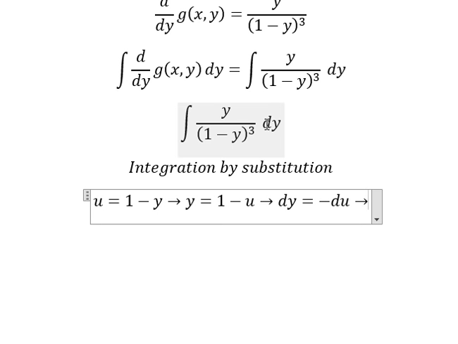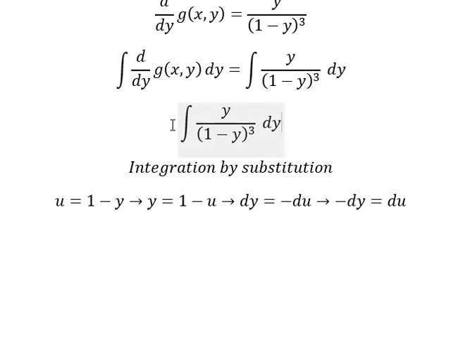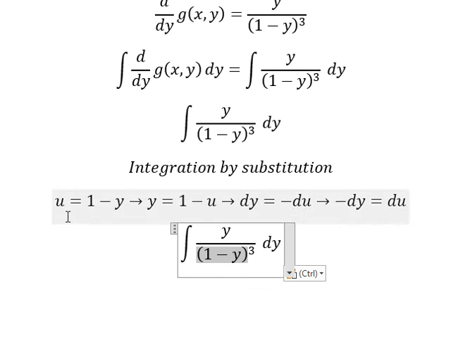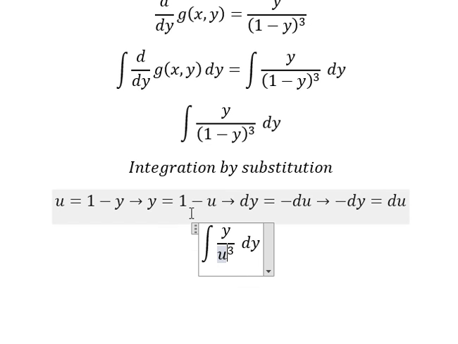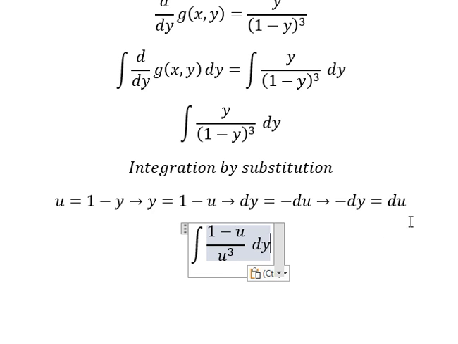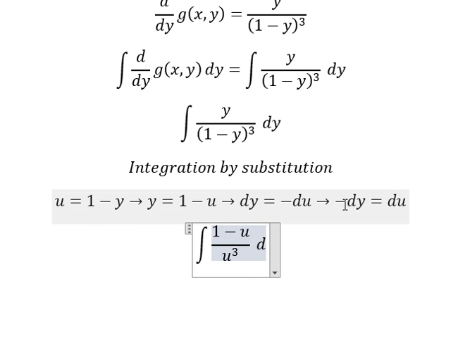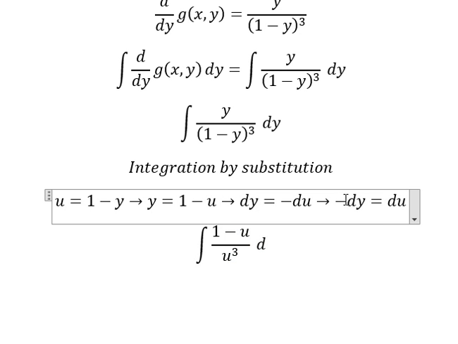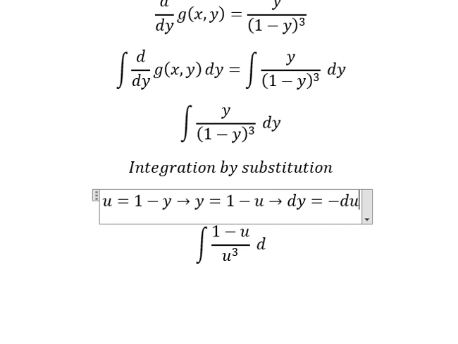Because we don't have negative sign, so I will put this one go to the left. So this one will change by u. Y will change by this one. So dy we change by negative du.